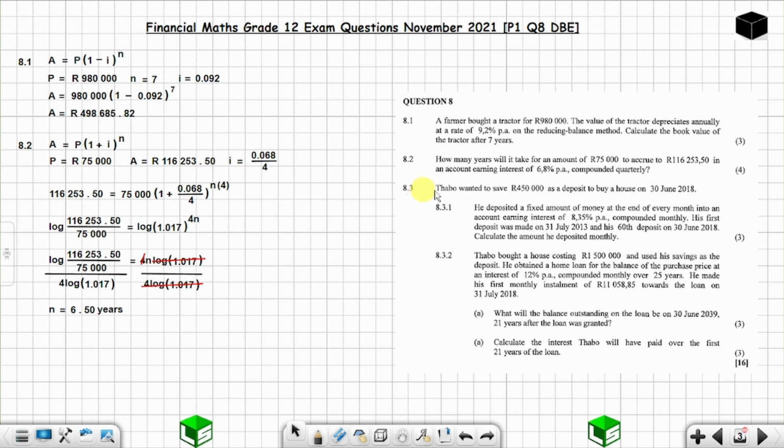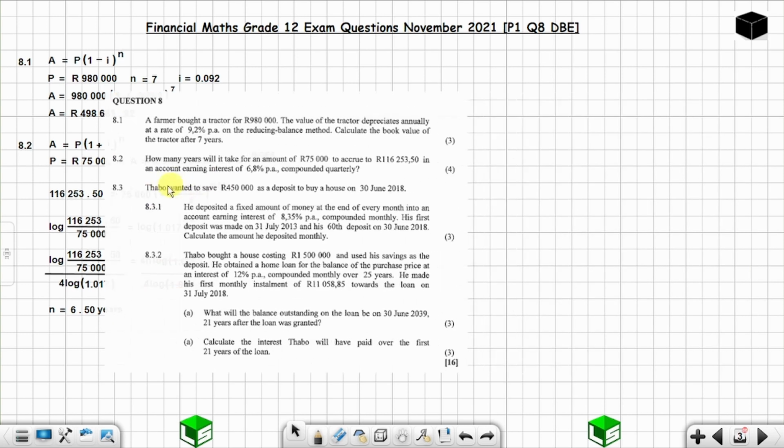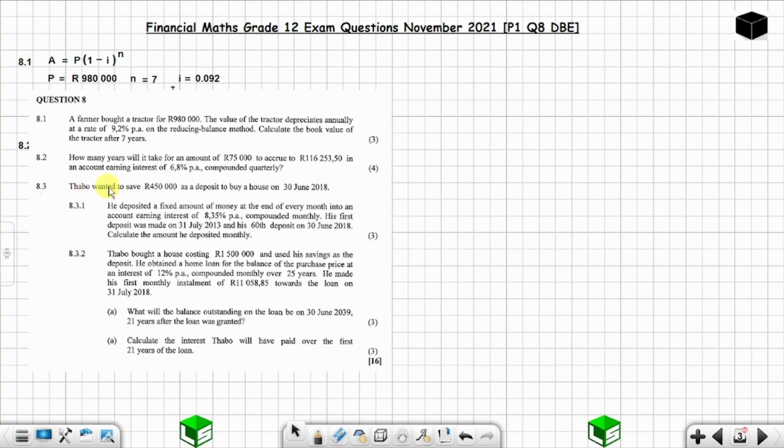Now 8.3. Dabo wanted to save 450,000 rand as a deposit to buy a house on 30th June 2018. 8.3.1: He deposited a fixed amount of money at the end of every month into an account earning interest of 8.35% per annum compounded monthly.